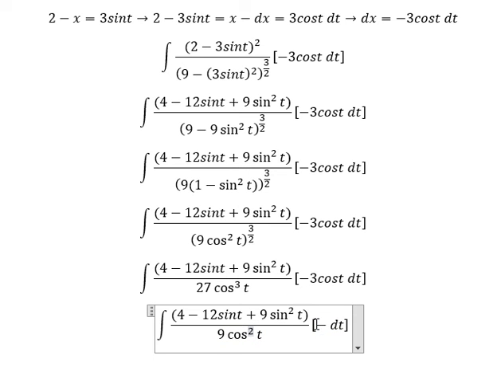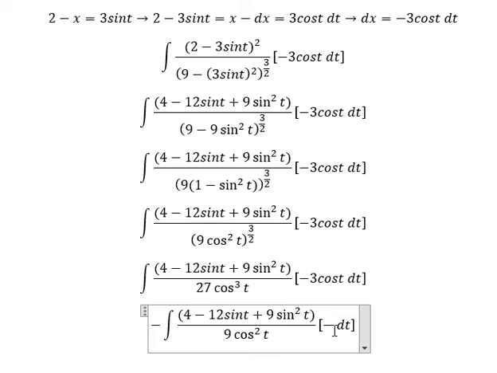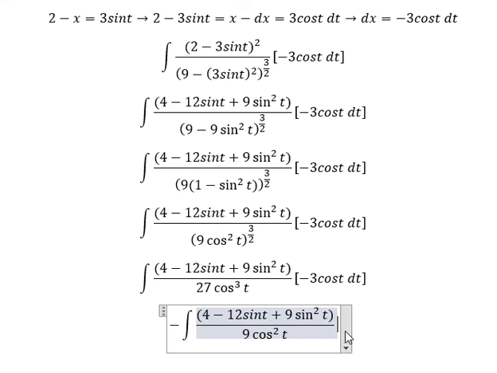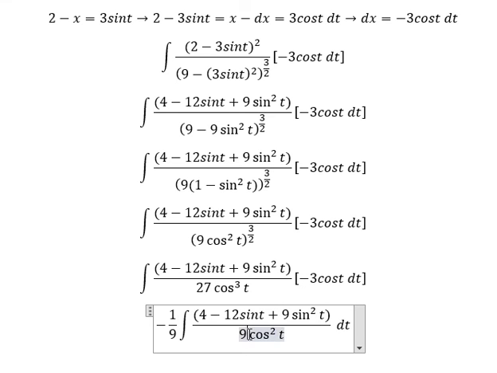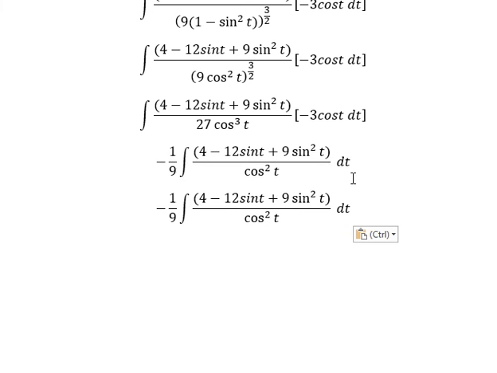And then I will put the negative sign in here. And number 9, I will put outside. So we have 4 divided by cosine t square, sine t divided by cosine t square, and this one divided by cosine t square.